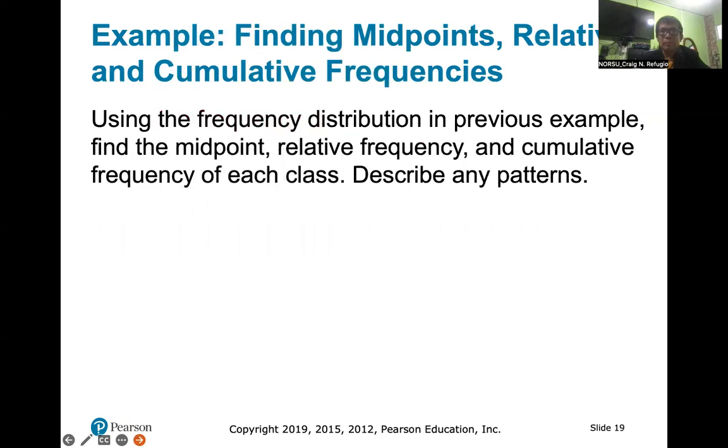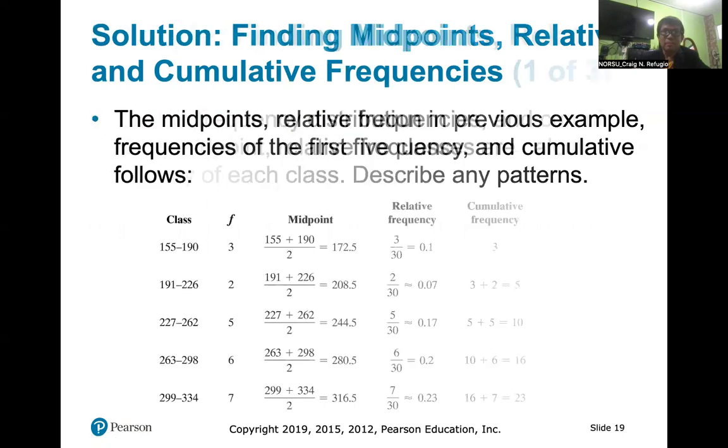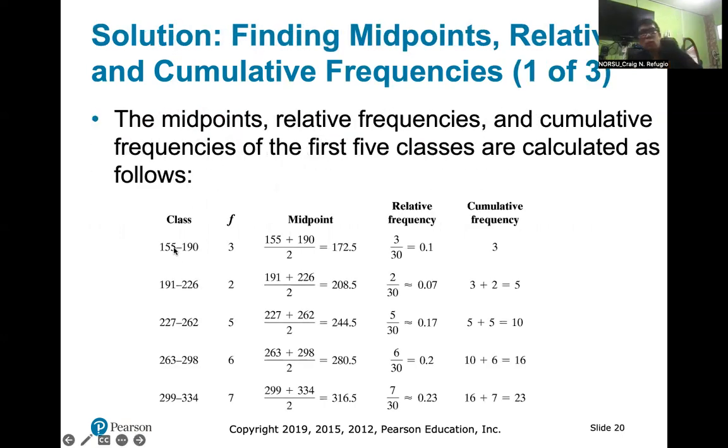Using the frequency distribution in the previous example, find the midpoint, the relative frequency, and cumulative frequency of each class. Describe any patterns. So we have 155 to 190. This is the class, and this is the frequency. To determine the midpoint, we have 155 plus 190 divided by 2, so 172.5.